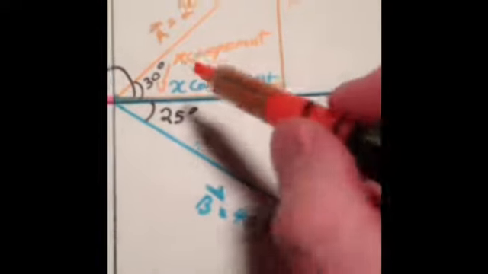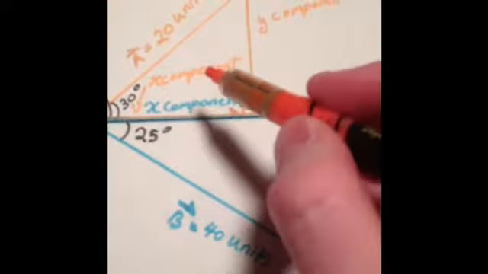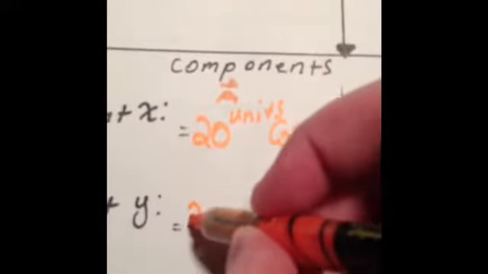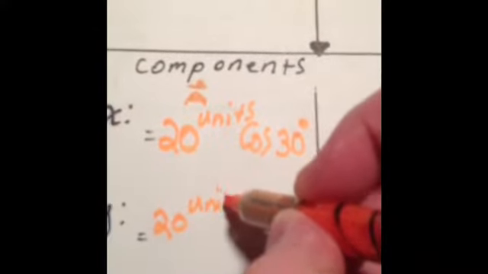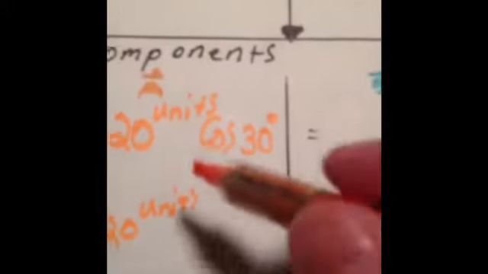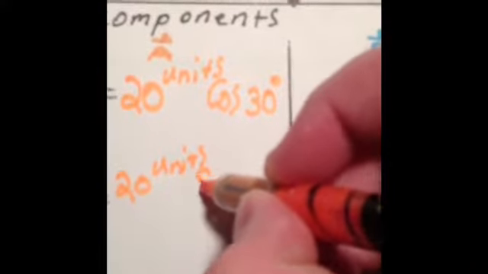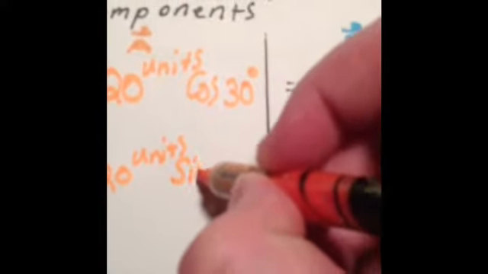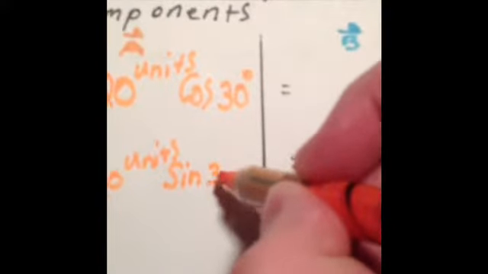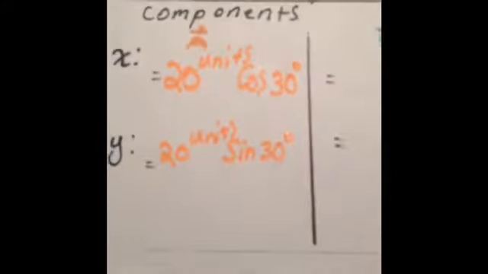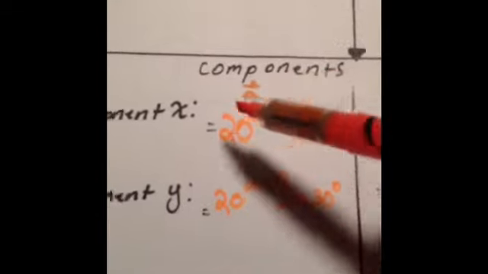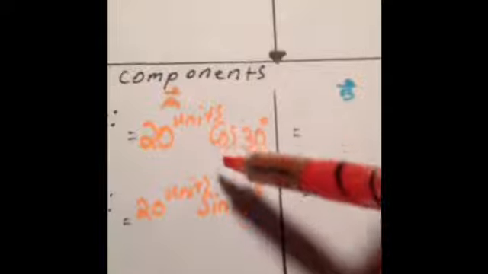Then our y component is going to be 20 units times the sine of 30 degrees. So down here for component y, we do 20 units, and once again, units can be whatever the problem states, doesn't really matter, times the sine of 30 degrees. Alright, so now you have your x and y components for vector A.